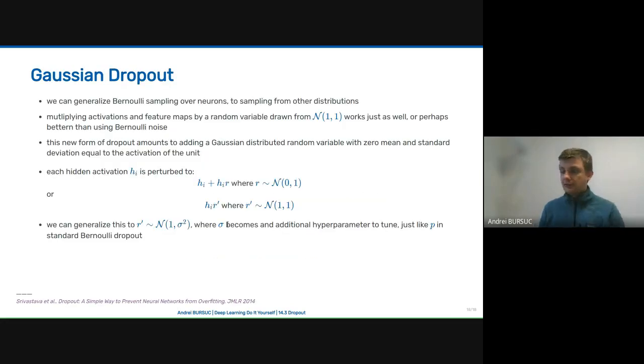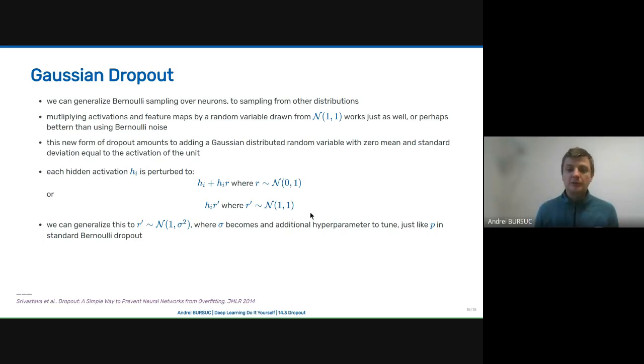There's another variant of dropout, which was actually proposed by the same authors in the original paper. It's called Gaussian dropout. What they do is generalize Bernoulli sampling over neurons to sampling from other distributions. Instead of having a Bernoulli over the weight to decide whether it's 0 or 1, we perturb the feature maps by a random variable.